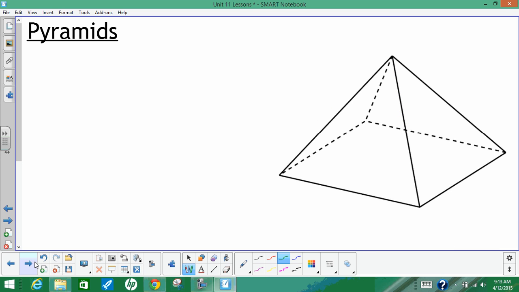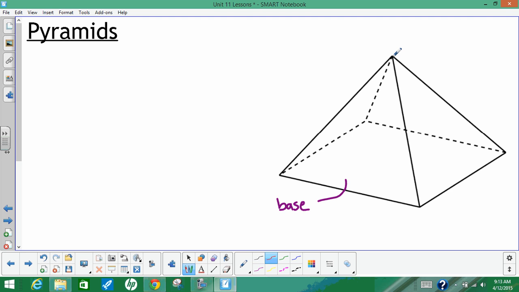We also have pyramids. So in this case, this is a square pyramid because the base, this bottom shape, is a square. And the pyramid's going to have a height and then a length from the tip to the base, just like we had in a cone.